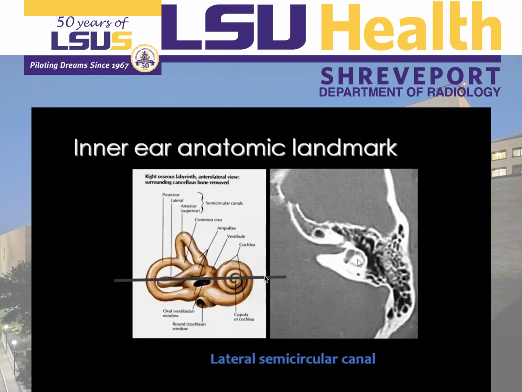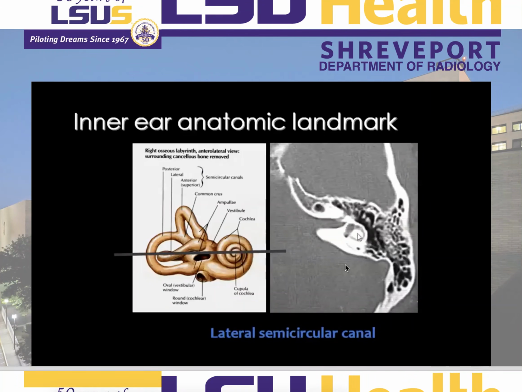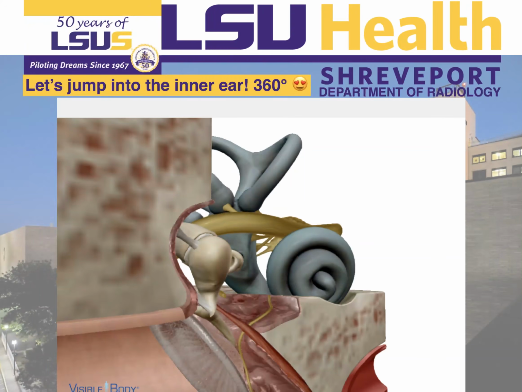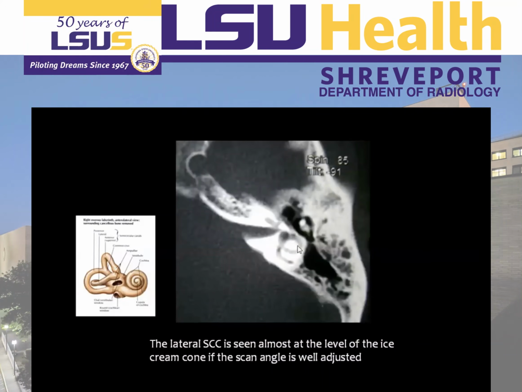So this is our landmark, the lateral semicircular canal. Usually you have the lateral semicircular canal in the same slice where you see the ice cream cone. It's not in every single study that you read, but usually it is in the same slice.